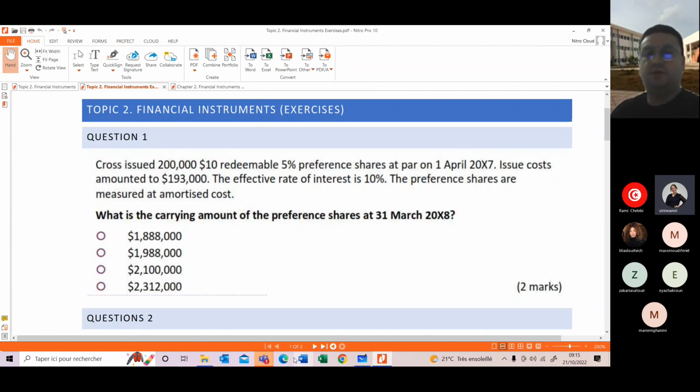The issue costs are not included here, because we were working from the perspective of the investor before, and now it is from the perspective of the issuer. In other words, Serene, thank you for that, the issuance cost of this financial liability, 193, is not included.